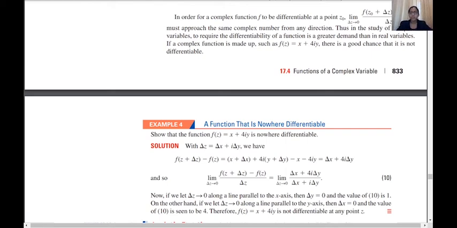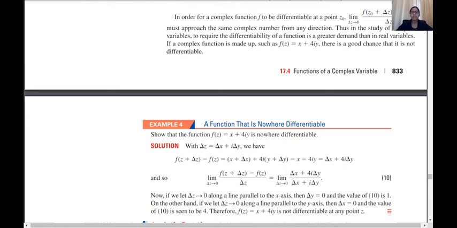So I hope that concept is clear to you. If you are just asked to find the derivative, we can easily do it by using the different rules which are given to us. And there may be cases where we have to verify that the function is nowhere differentiable, and in such cases we have to use a limiting formula, and we just have to determine the numerator and see if it approaches a unique value.